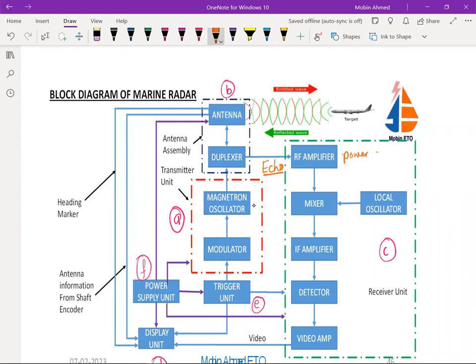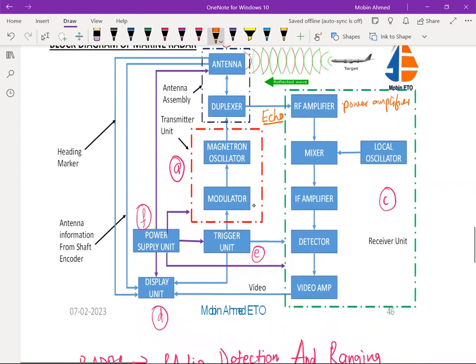This is a radio frequency amplifier, a very high frequency amplifier, an X-band frequency amplifier, and the output is given to the mixer. This mixer mixes the local oscillator and the received echo.